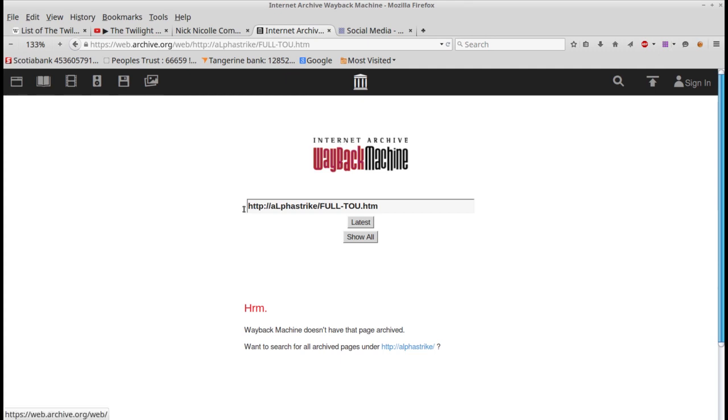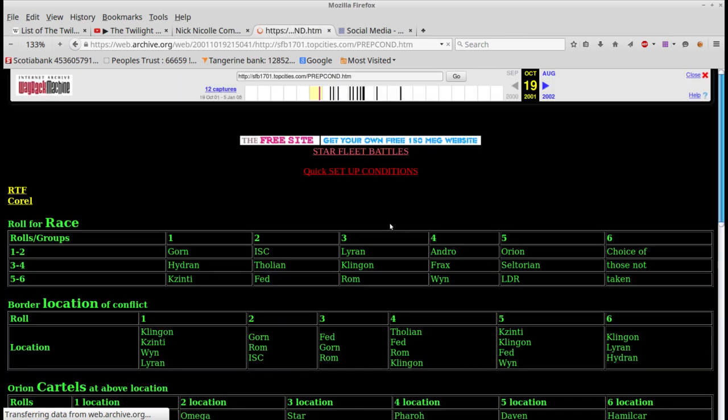You just go back to the front page of the Internet Archive, put in what the address would be, in this case it was a top cities website address. Do the search on the actual address instead of just relying on the link, and up it comes.